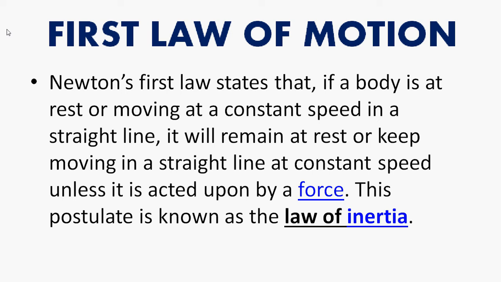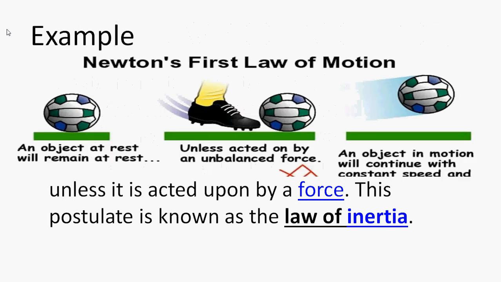Newton's first law states that if a body is at rest or moving at a constant speed in a straight line, it will remain at rest or keep moving in a straight line at constant speed unless it is acted upon by a force. This postulate is also known as the law of inertia, which means that it resists the change. It means that some external force is required to bring that change.